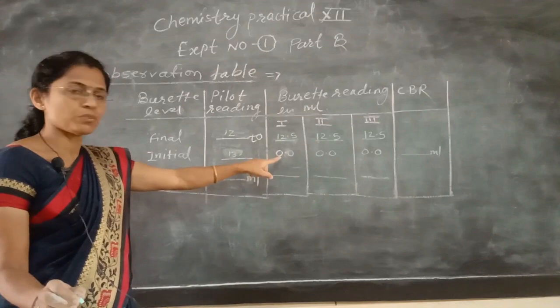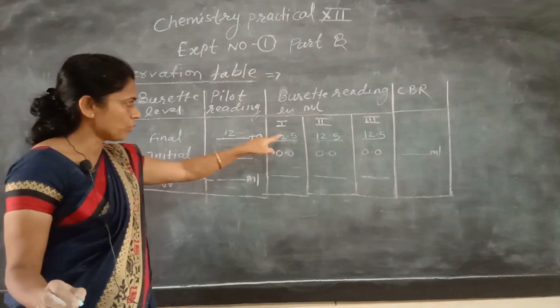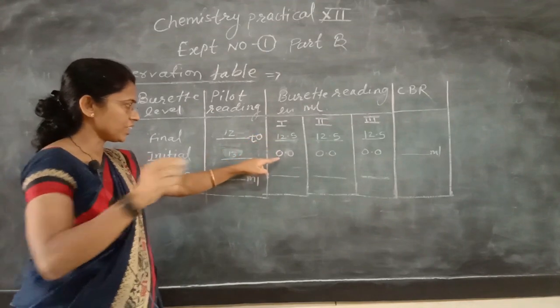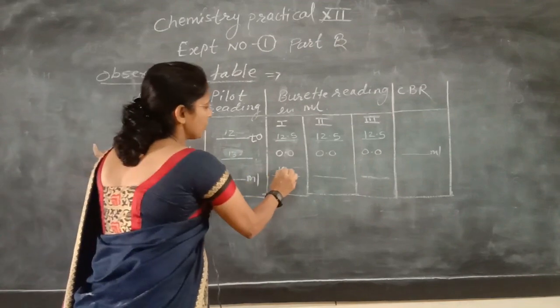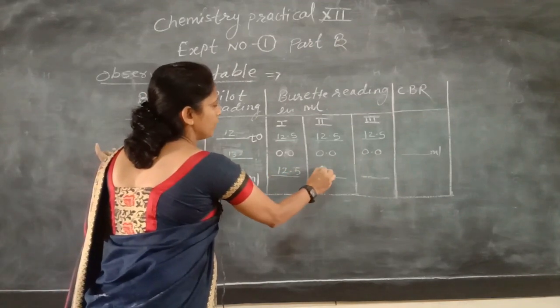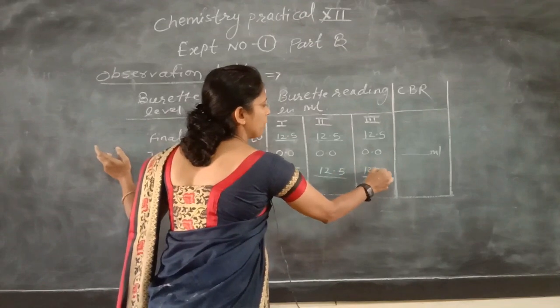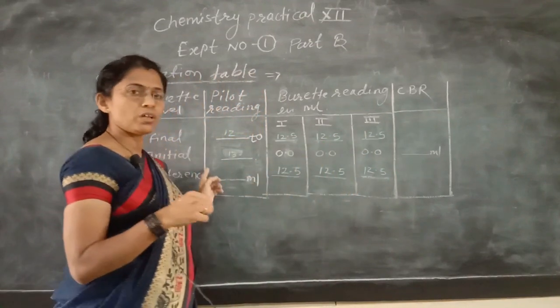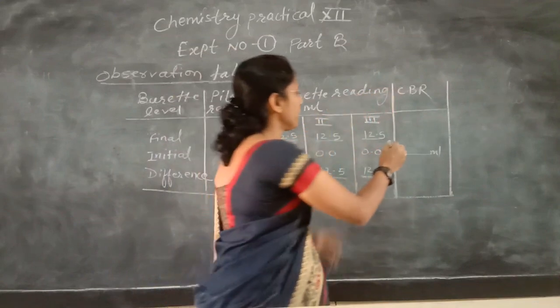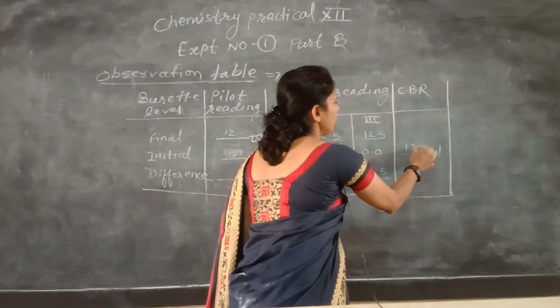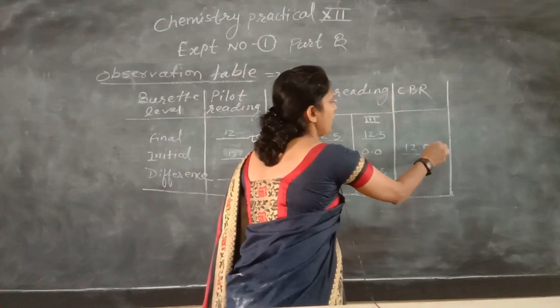Our initial reading was 0 ml, so final minus initial, the difference is 12.5. Second also 12.5, 12.5. So our constant burette reading is 12.5 ml.